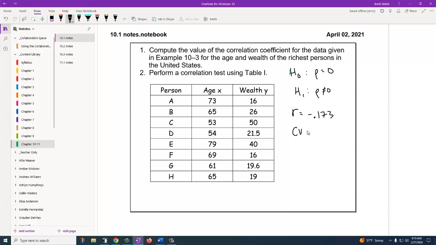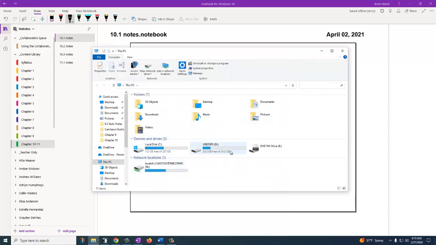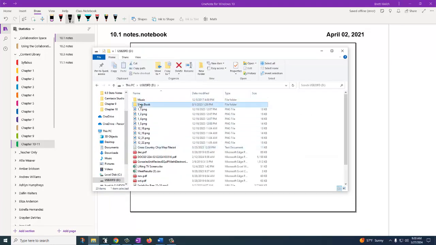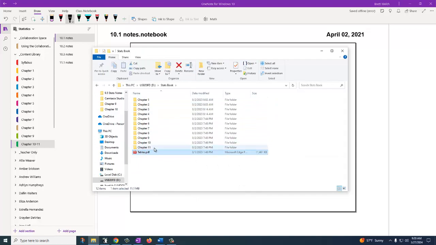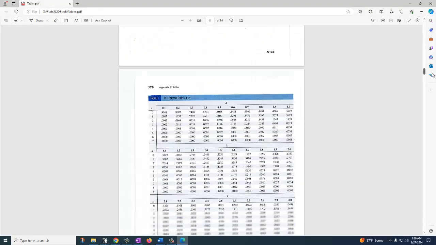Now I need to know where my critical values are from table I. Now we're going to go ahead and use alpha at 0.05. And it looks like there's 1, 2, 3, 4, 5, 6, 7, 8 values. So n equals 8. We'll need that information when we look at our test statistic, our critical values. Okay, so we need to find table I. These are towards the back of the book.